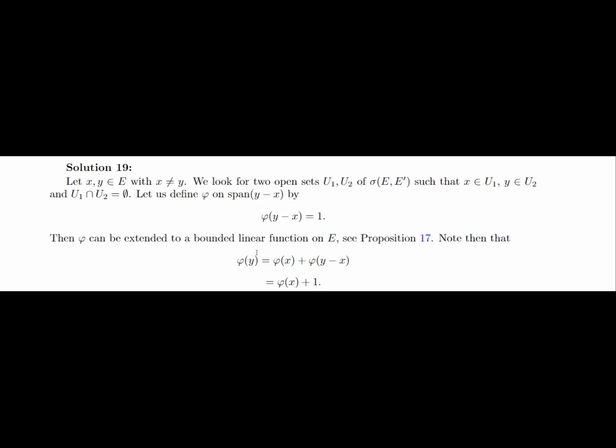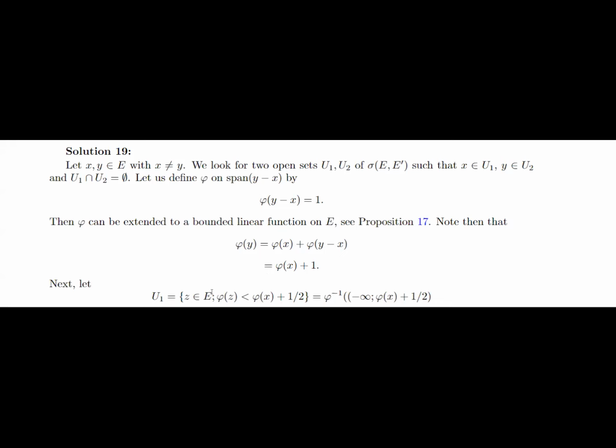So the question now, how can I get my open sets for the weak topology? The answer is yes. How? I can now separate as follows. You can write U1, for example, to be all the points Z in E such that phi of Z is less than phi of x plus 1/2.